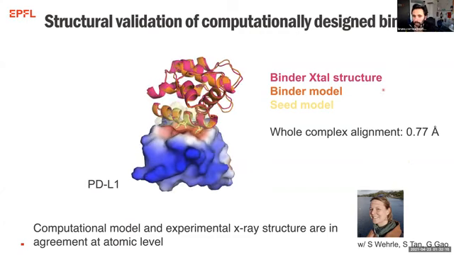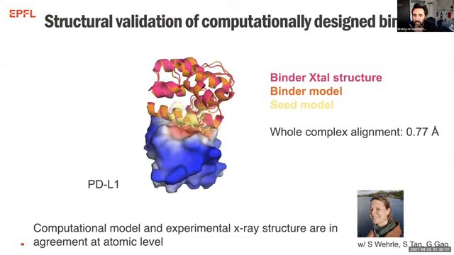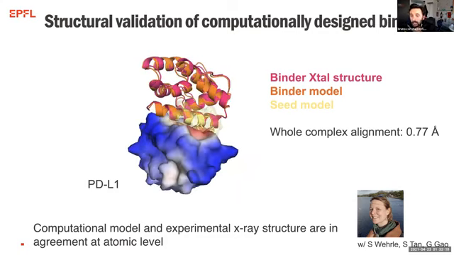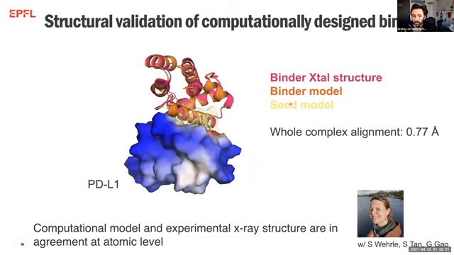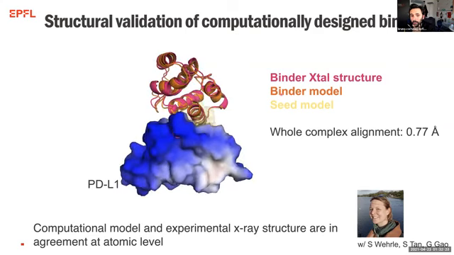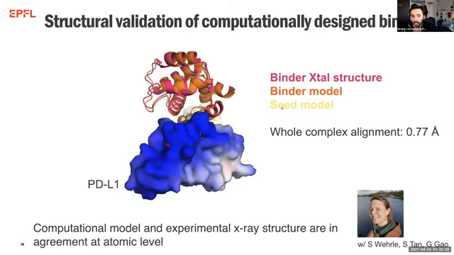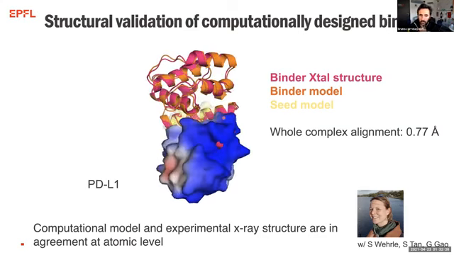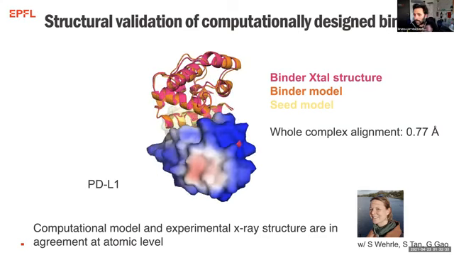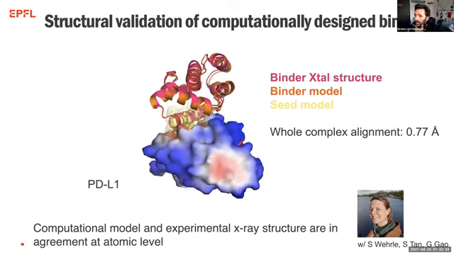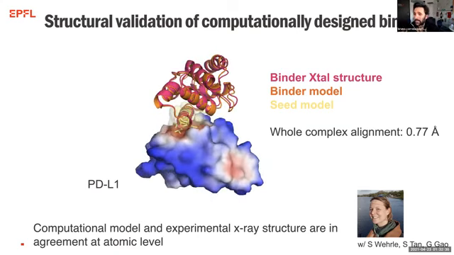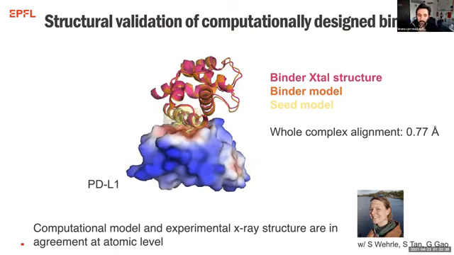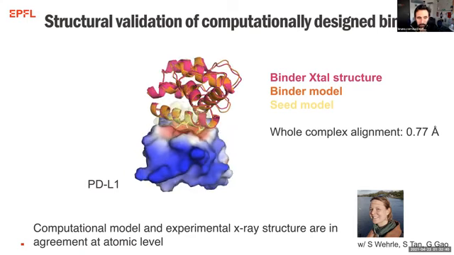You see the experimental structure in pink, and the model and the seed model that we created using MaSIF in orange and yellow. The root mean square deviation of this complex is around 1 angstrom, which basically means that all the atoms are on top of each other, which means that the prediction matches exactly what it should have matched.